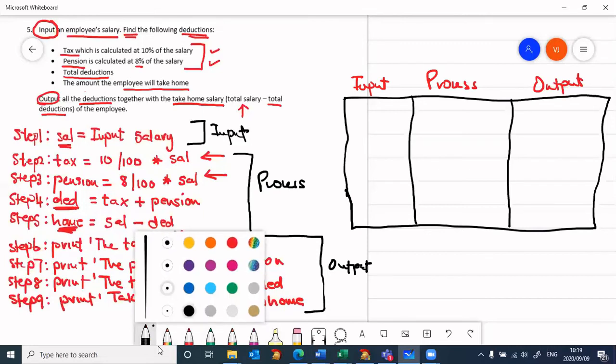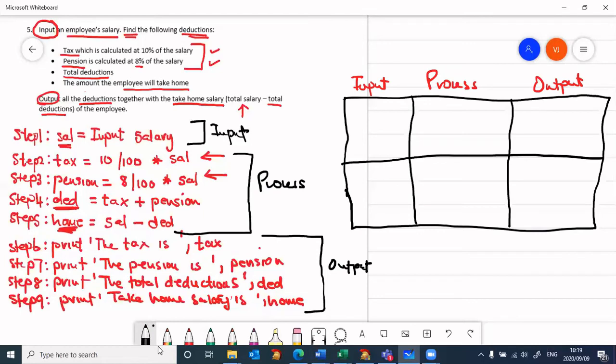I'll create 2 columns so I can test against 2 values. So the first step requires to input a salary, and I will input a salary, and let's take salary equals 5,000. So that is the salary that I'm inputting.